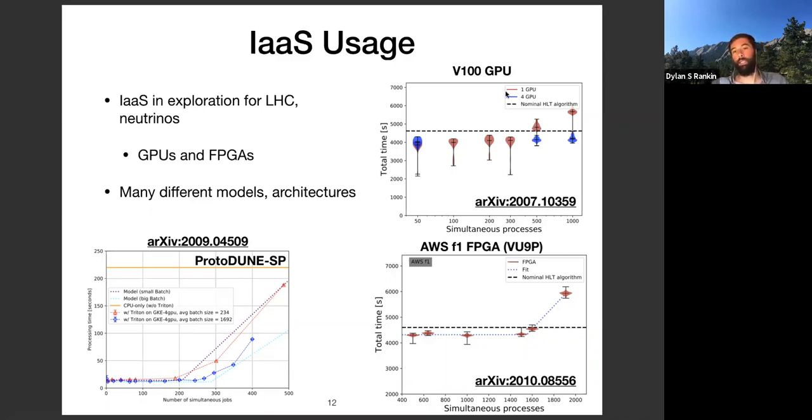The top right is a small dense network on a GPU for LHC physics, and the bottom right is an FPGA for the same algorithm. All of these demonstrate effective speedups of the algorithms with as a service.